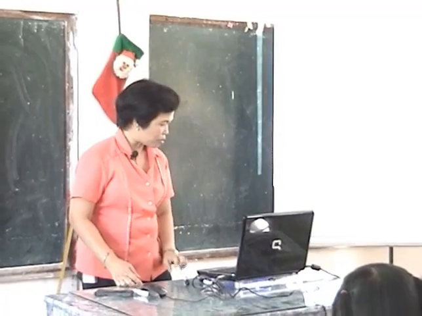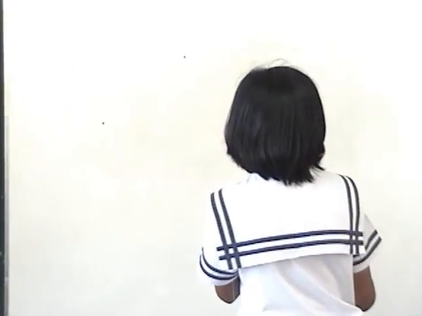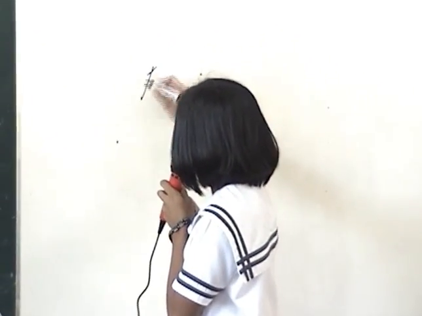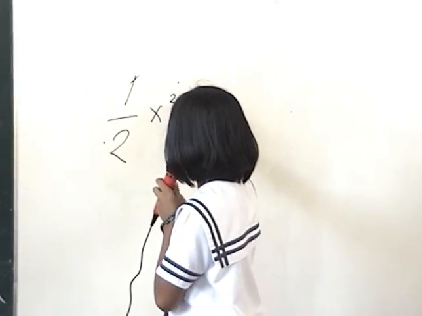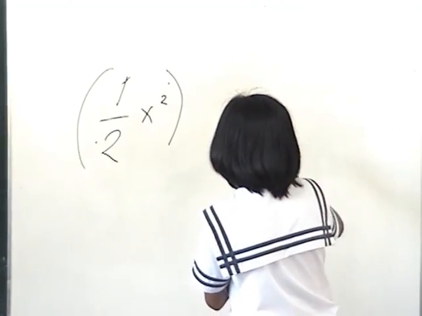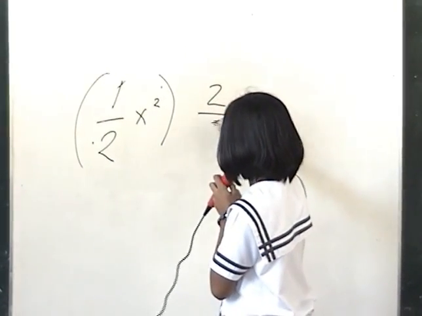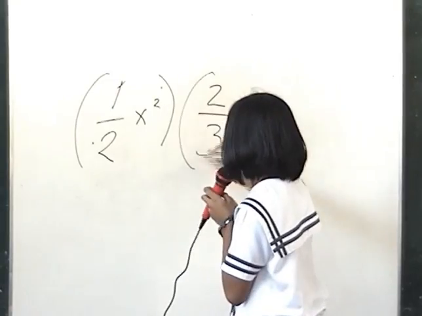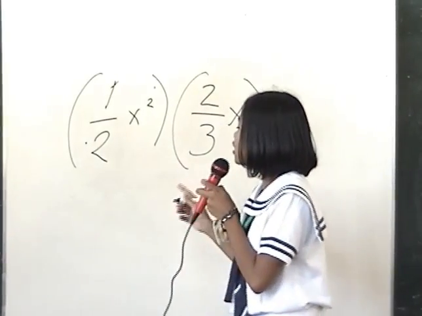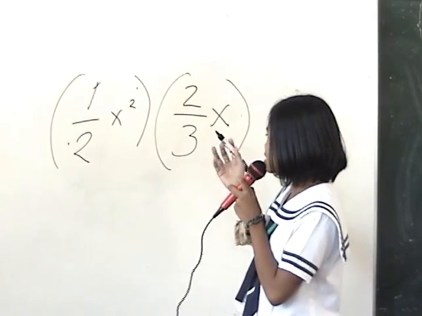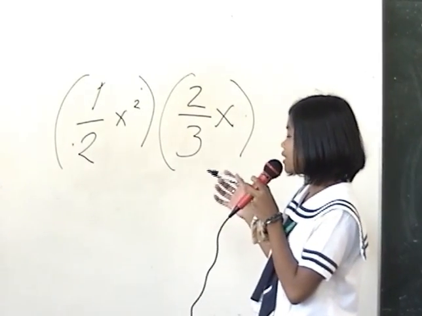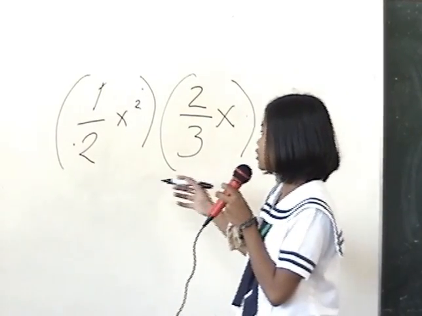Okay, to solve for number 1, let us have Samantha. To multiply 1/2 x squared and 2/3 x, there are two of the same factors in this situation. So we can apply the cancellation method.